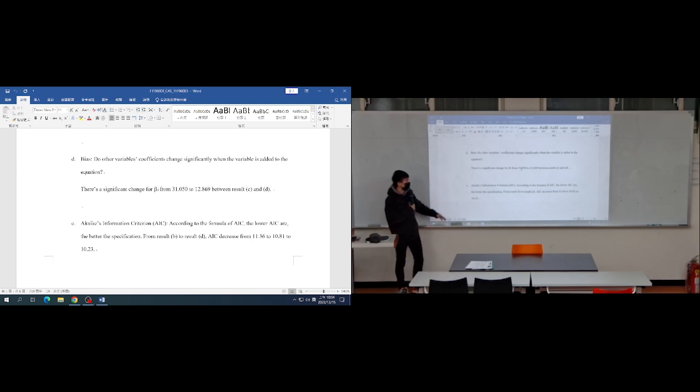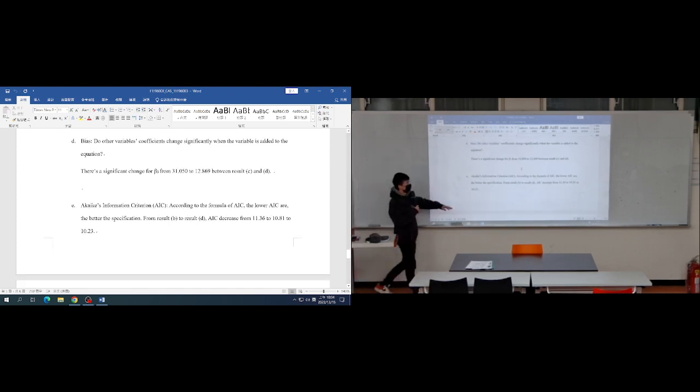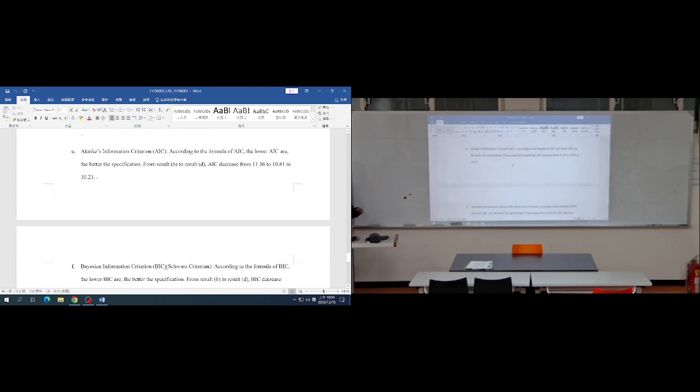So for AIC, the lower the AIC, the better the specification. So from result B to D, it goes from 11.36 to 10.23, which is decreasing. So it means from result B to D, the model becomes more and more relevant to the dependent variable.